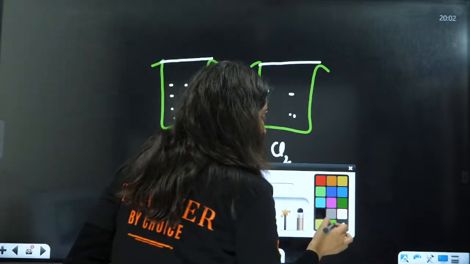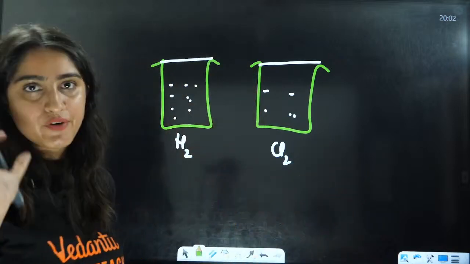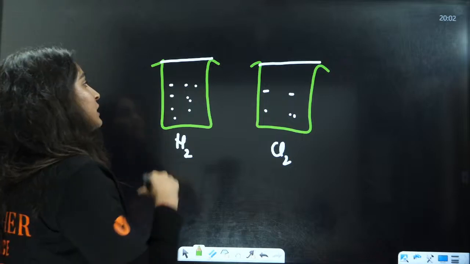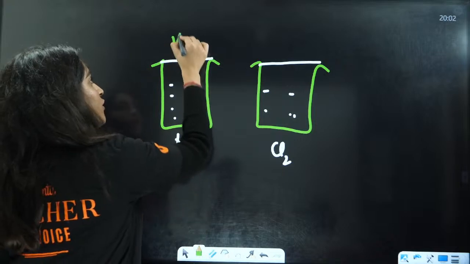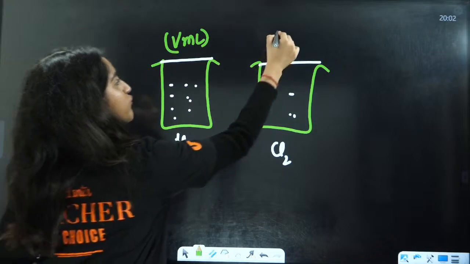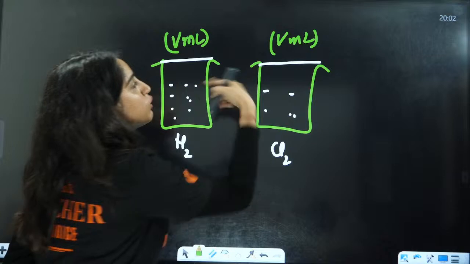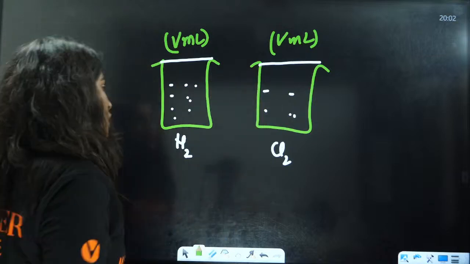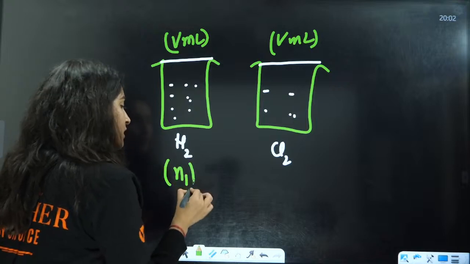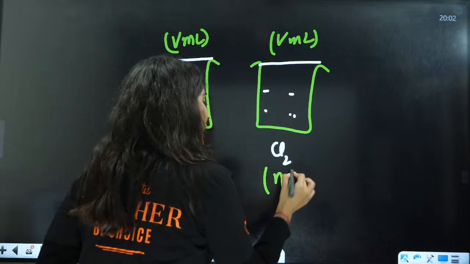Now, I have two gases in different containers, right? The volumes are the same here. This is V milliliter, this is also V milliliter. If the volumes are the same, the number of moles is going to be the same. So if this is having N1, this is also going to have N1.